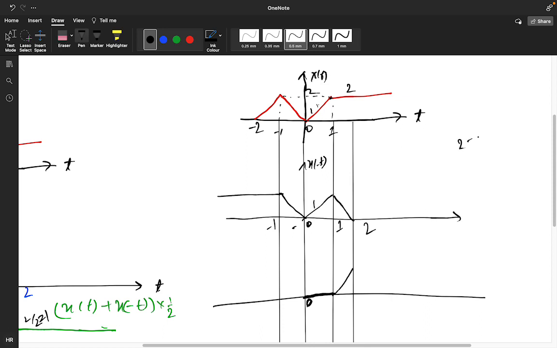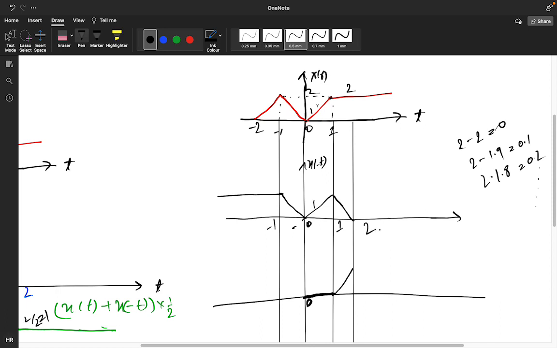So 2 minus 2, then 2 minus 1.9, then 2 minus 1.8. It is increasing. 2 minus 2 is 0. 2 minus 1.9 gives you 0.1. It will give you 0.2. So it is constantly increasing.